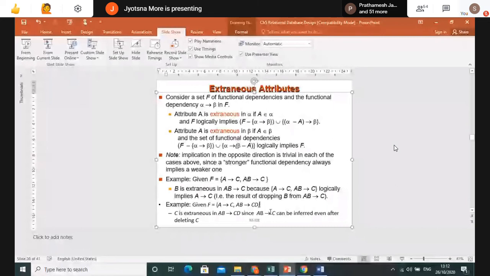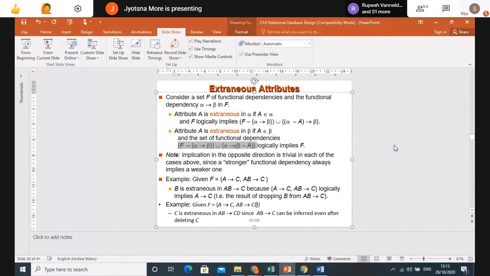Then you will come to know why we call that an extraneous attribute. Right now, if I remove B from here, I get A determines C, which is already present. So B is unnecessarily present in my functional dependency, right?